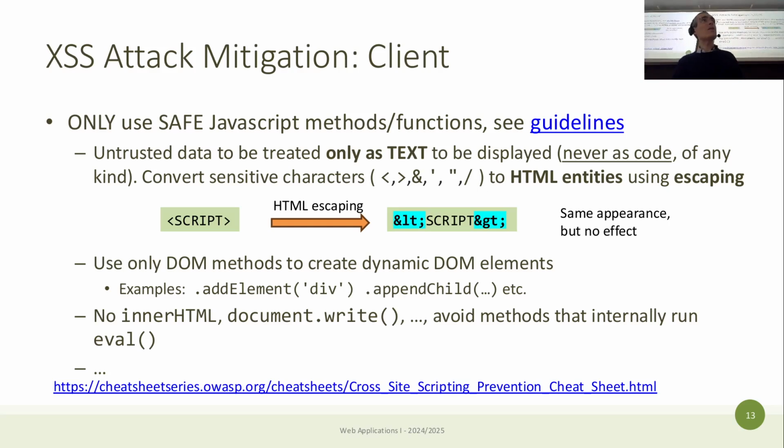But it's unsafe from the point of view of security. So no innerHTML, no document.write, and avoid methods like eval, which basically pass a string and execute it as if it were JavaScript content, and so on.